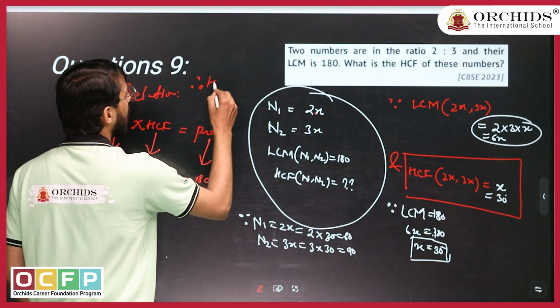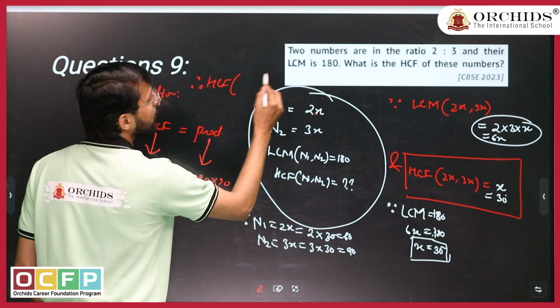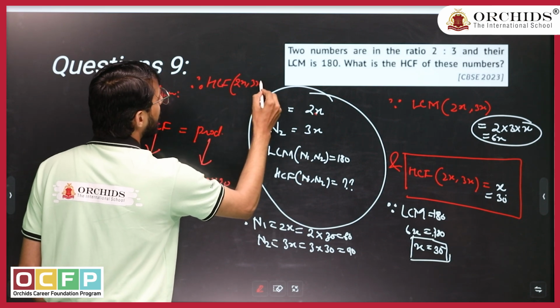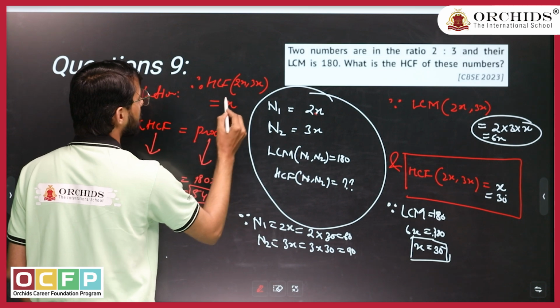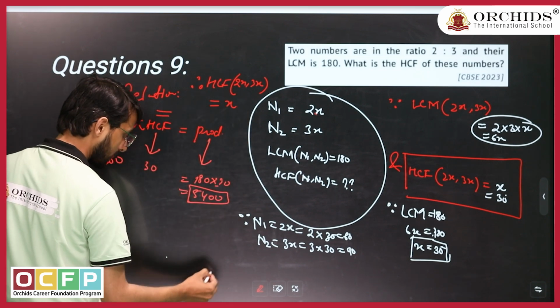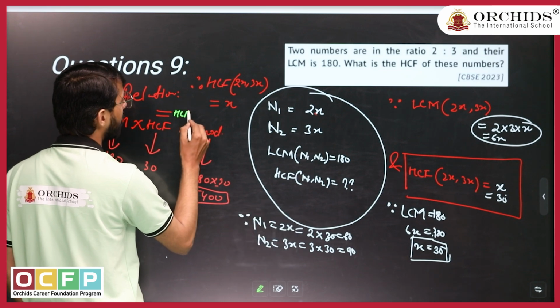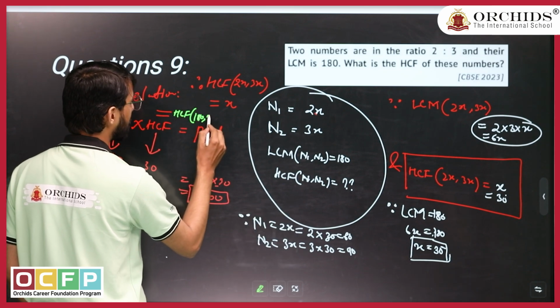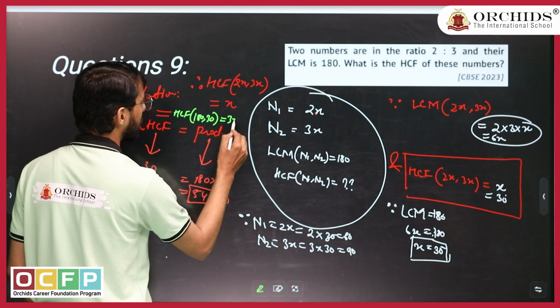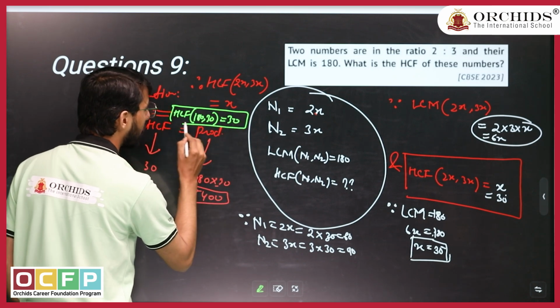Therefore, HCF of 2x comma 3x is nothing but x, which implies it is 30. So this should be our final answer.